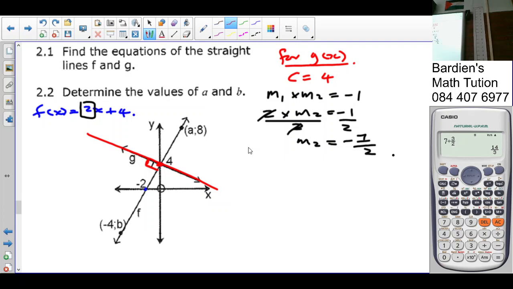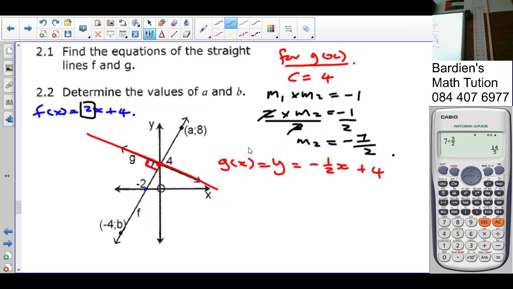Okay. So what's my equation? y is equal to negative half x plus c. And my c value in this case is 4. And this is your equation of g of x. Make sense, people? Yes, sir.